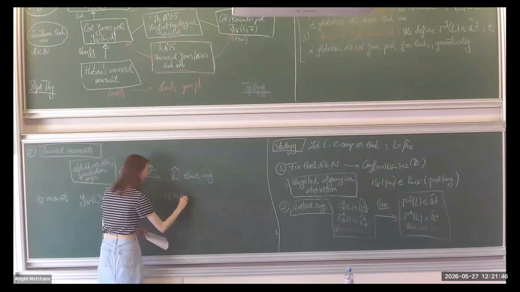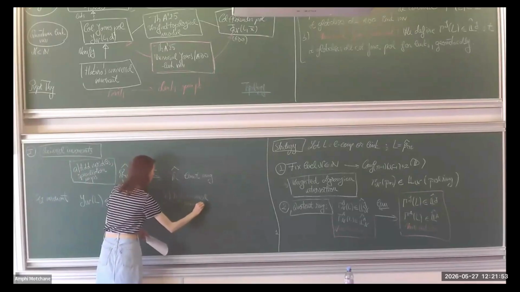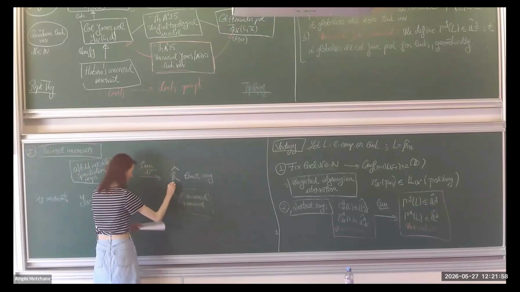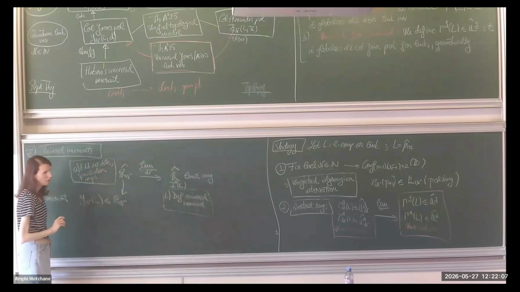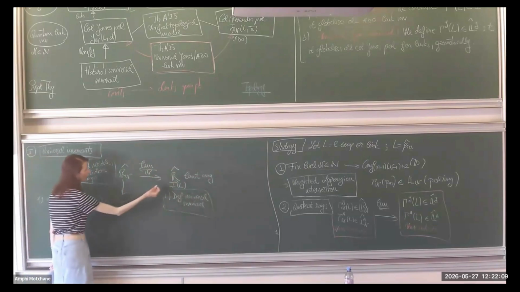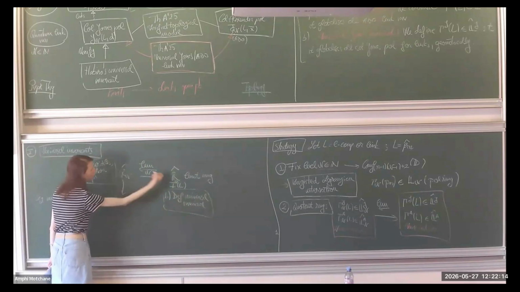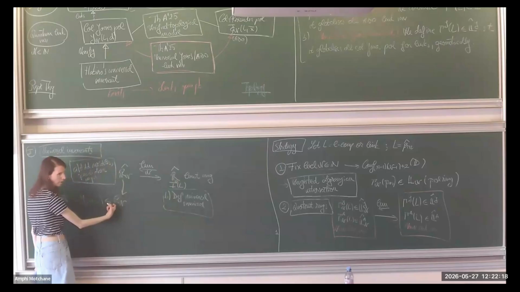Define a universal invariant, which is denoted by I of L. And this I of L will belong to this limit ring, such that, using the specialization maps, I can go from the limit to each of my rings.